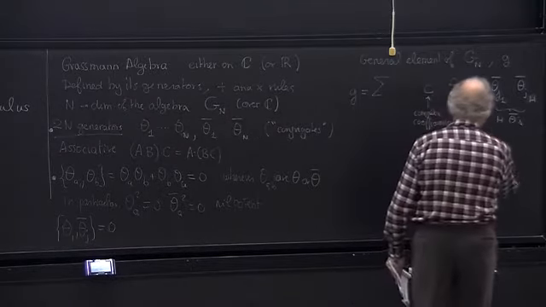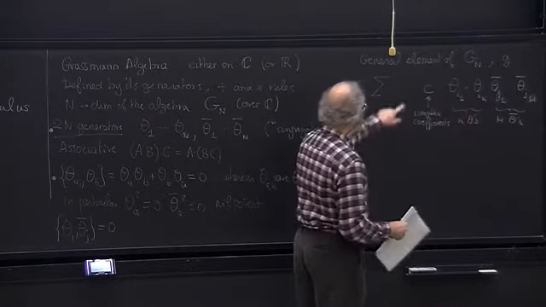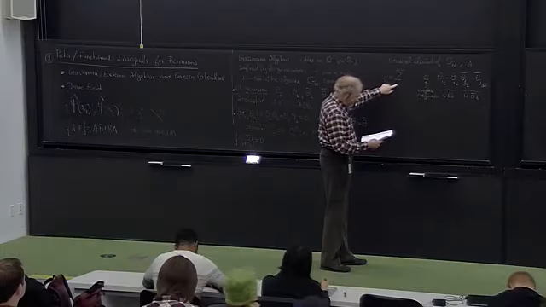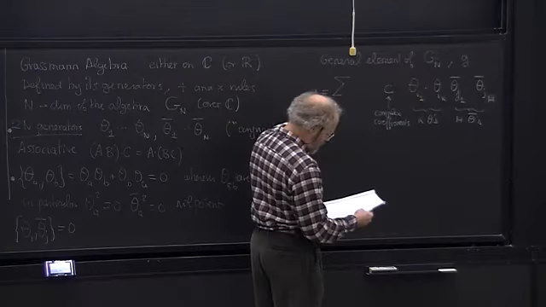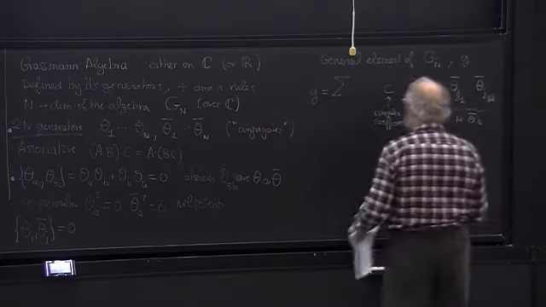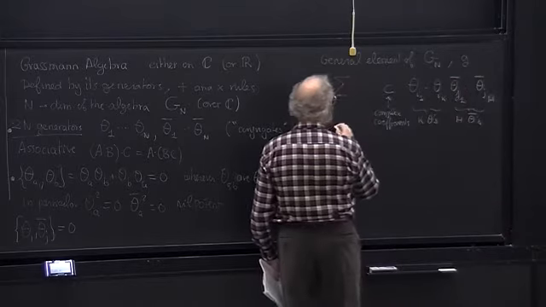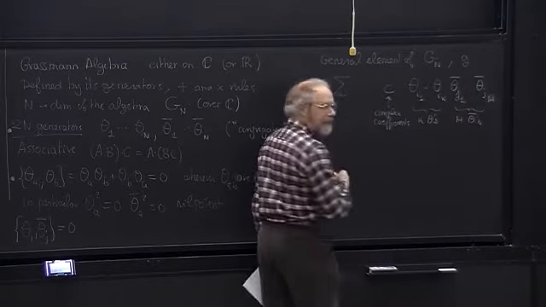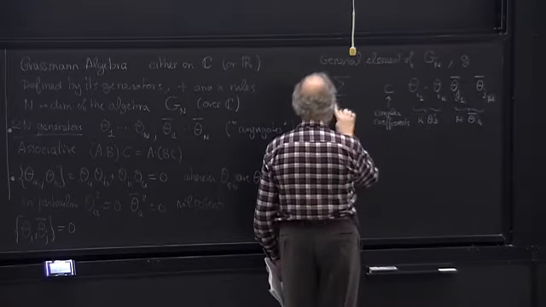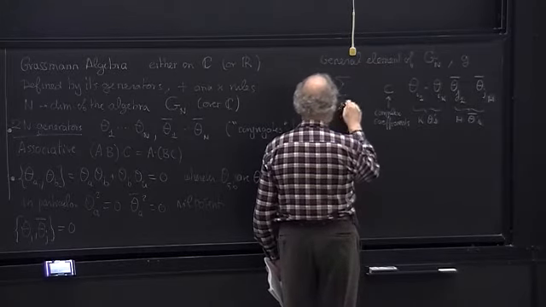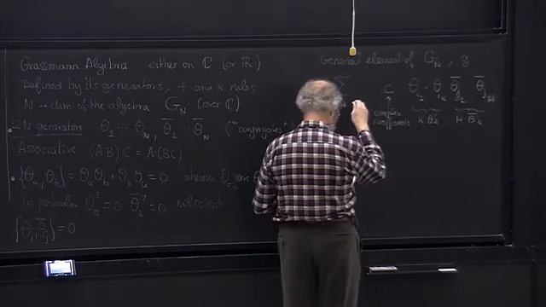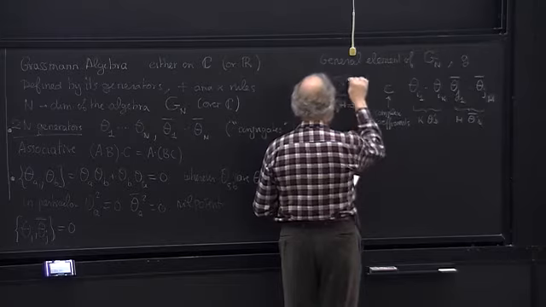Okay, so first, let me define this. Let me go back. A general element of the algebra is by definition a linear combination of a sum of elements like that, where k and h go from 0 to n.